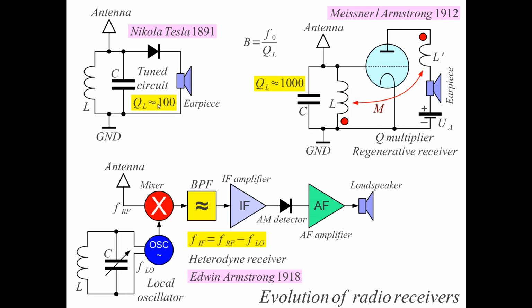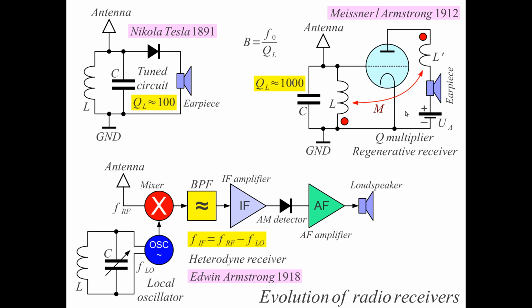Still, this corresponded to what the bandwidth was in the long radio wave region in the kilometer range. This could be already useful in the medium wave range in the 100 meter range, so could provide adequate selectivity to have the bandwidth of our receiver comparable to the bandwidth of the actual signal being transmitted.